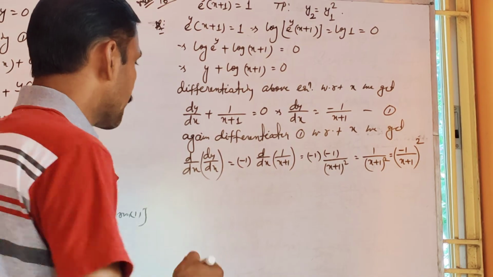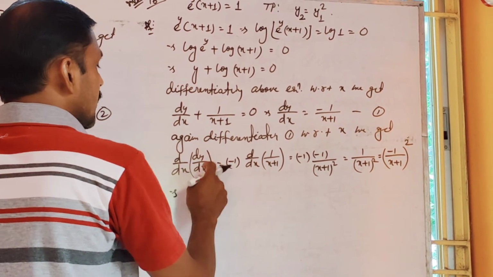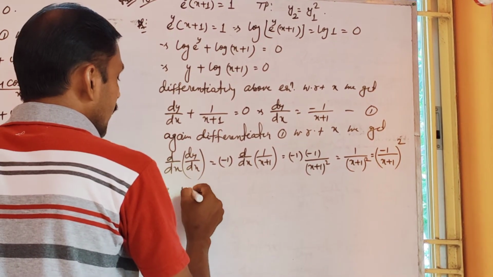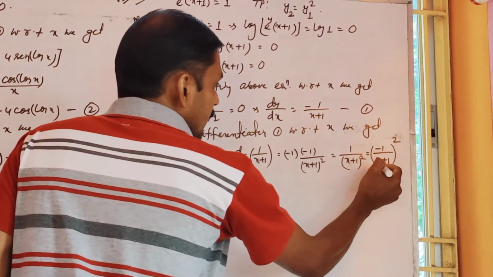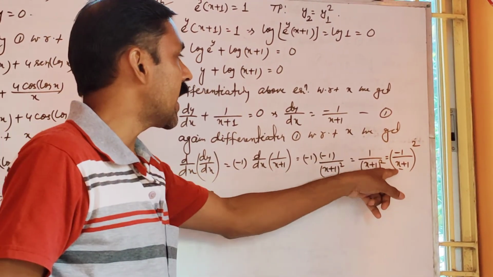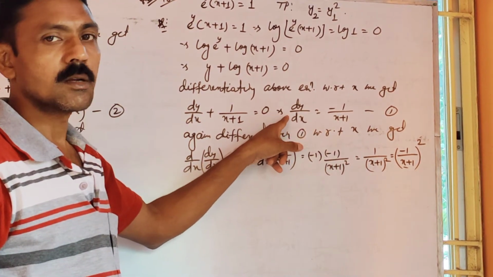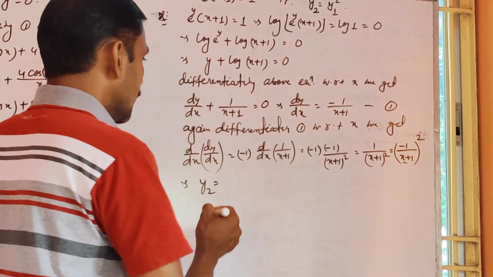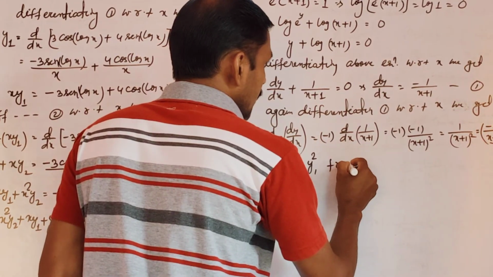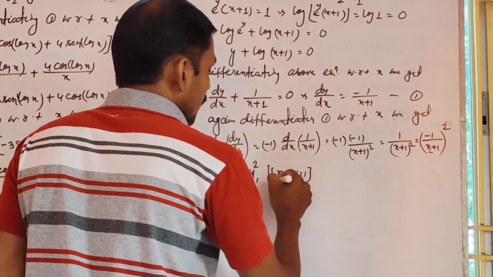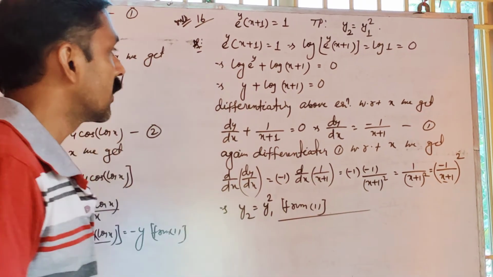This implies what is this? It is the second order derivative y2. Now minus 1 by x plus 1 is dy by dx, y1. So now this is y1 square, from equation 1. So here we have proved it.